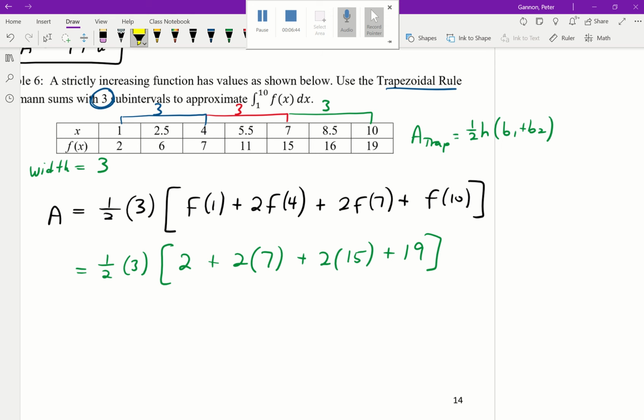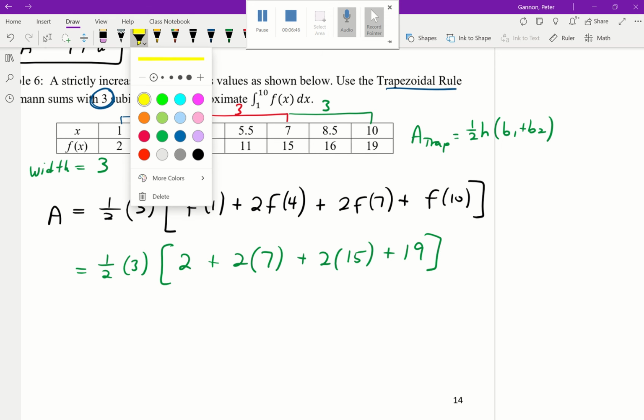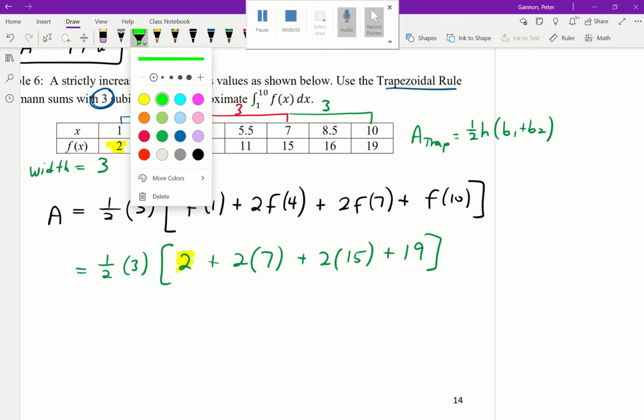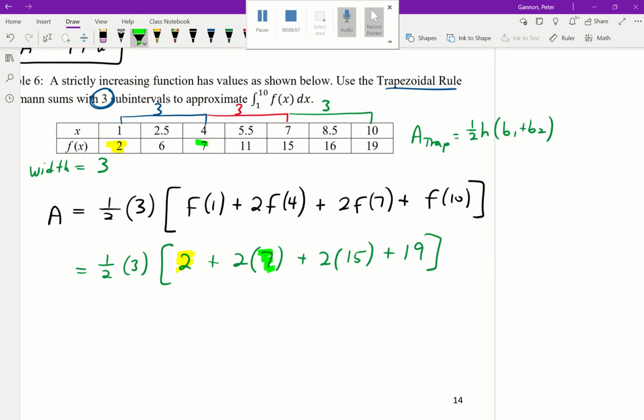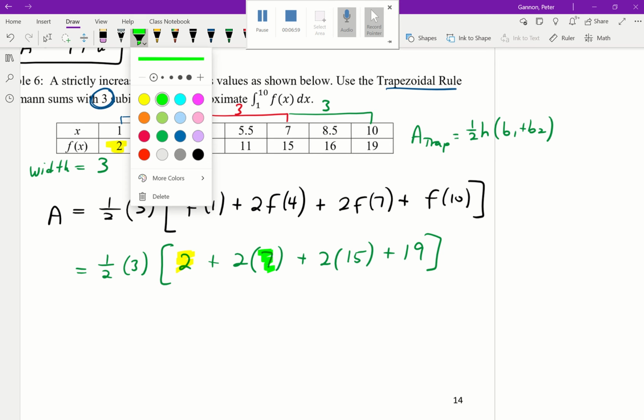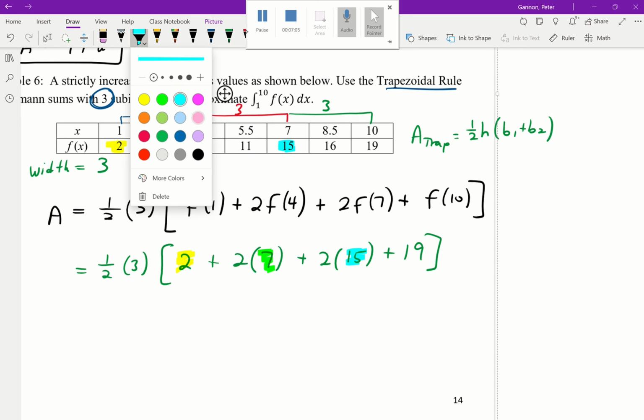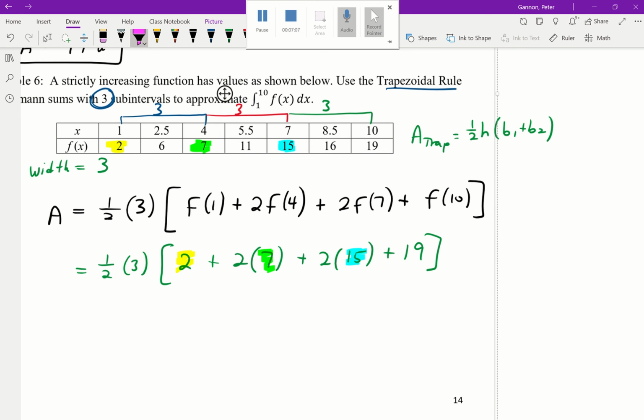So again, if you want to just kind of see where all of these numbers are coming from, this 2 is coming from right here. This 7 is coming from right here. This 15 is coming from here. And this 19 is coming from here. So we need to make sure we understand where those values all come from.